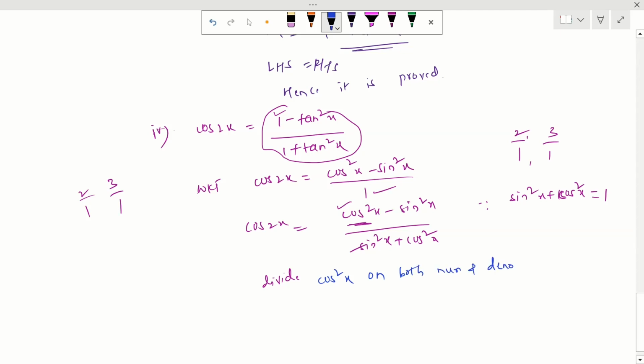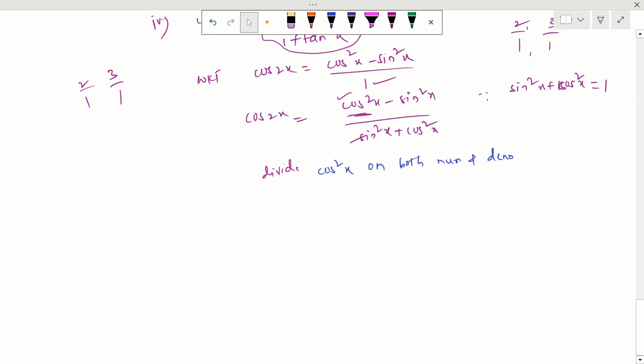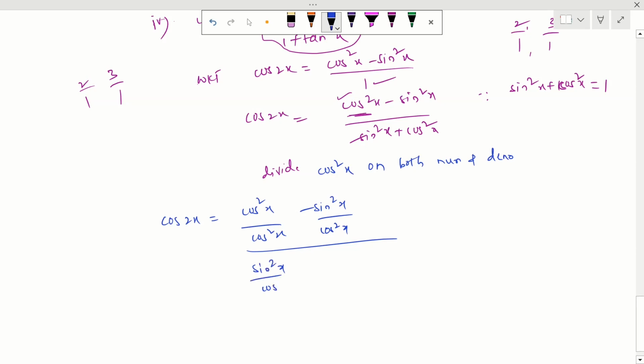Therefore we can write cos 2x: each term will be divided by cos square x. Cos square x divided by cos square x, minus sine square x divided by cos square x, and plus cos square x divided by cos square x.